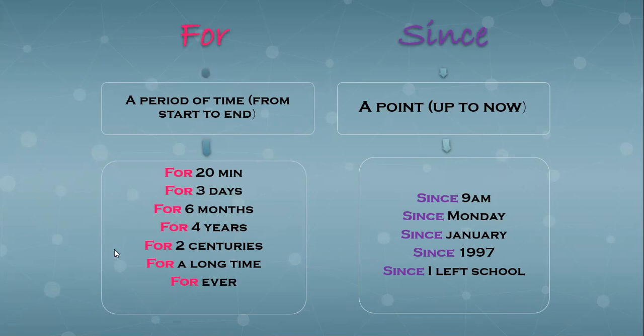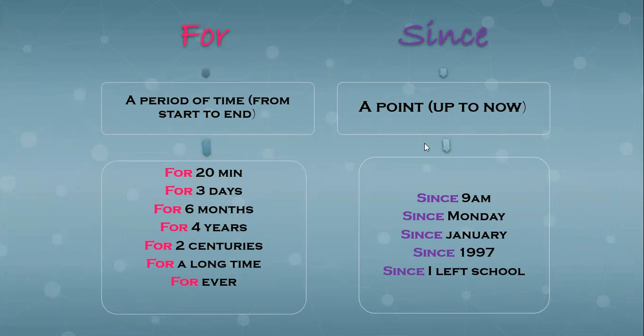This monument has been here for 2 centuries. They lived here for a long time. The pyramid has been here since forever. So we can see here that for the amount of time an action has taken place, or the duration of the action, we use the word for.